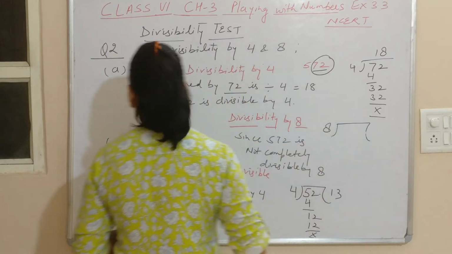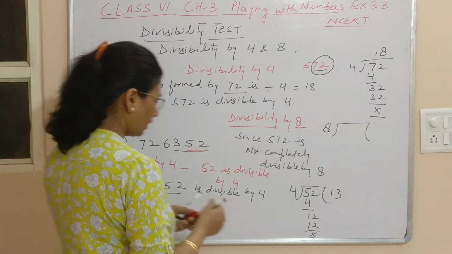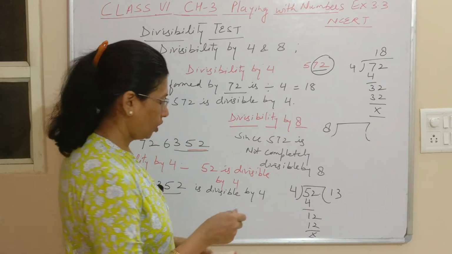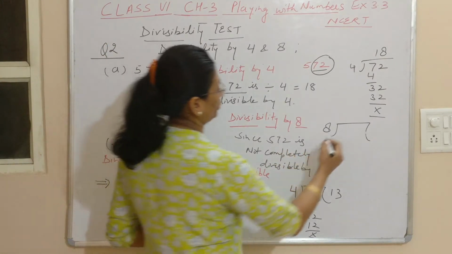The difference between 4 and 8 is that for 4 we take the last 2 places and for 8 we take the last 3 places. So this is 352.